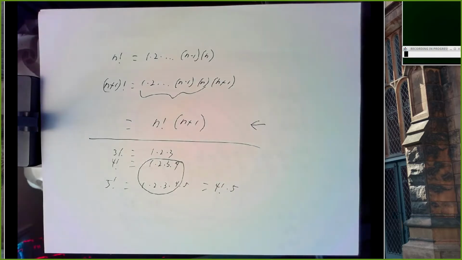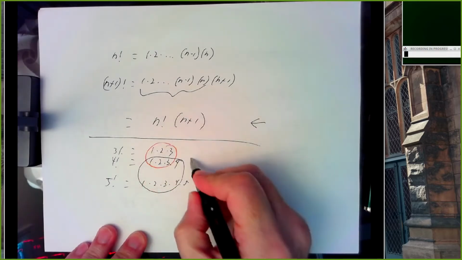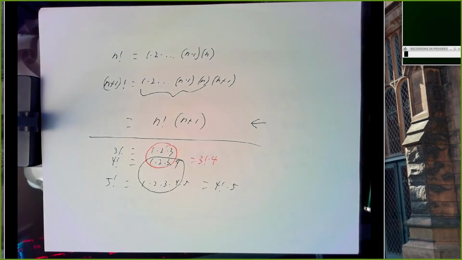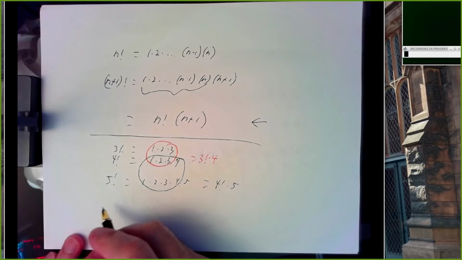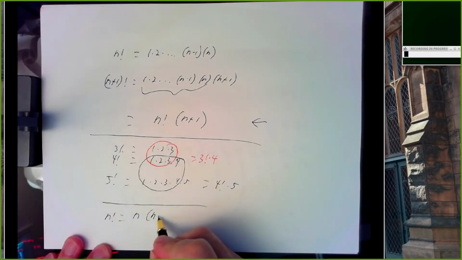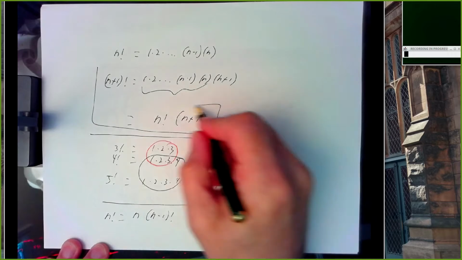So 5 factorial is just 5 times 4 factorial. And this piece is just 3 factorial. So 4 factorial is just 4 times 3 factorial. And that might lead us to speculate that n factorial equals n times (n-1) factorial, which is another version of what we wrote here.